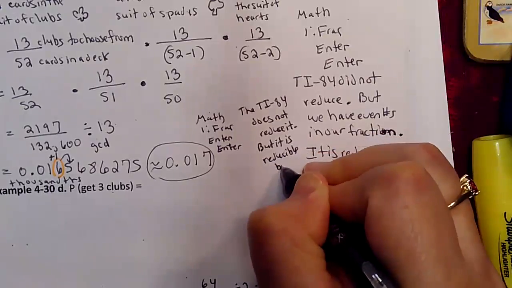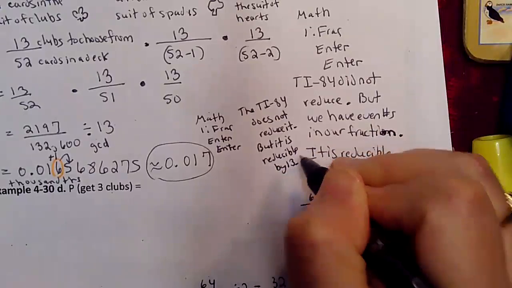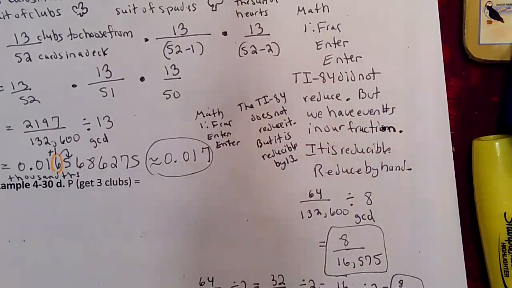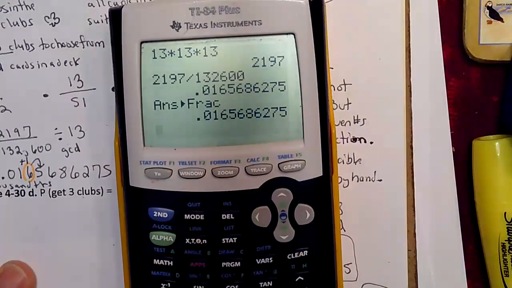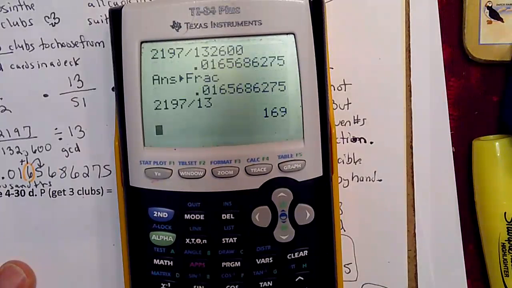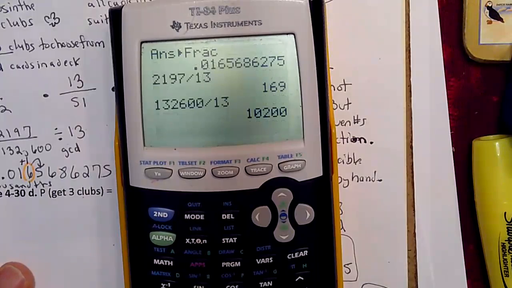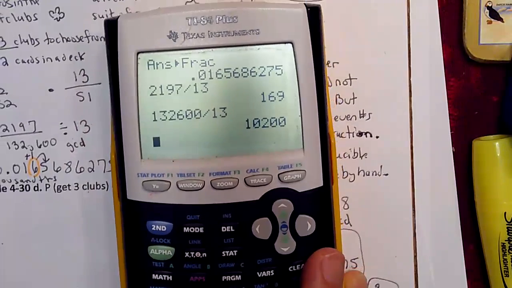And it's reducible by 13. So I had to play with a list of prime numbers to find that. So let me show you. 2197 divided by 13 is 169, and 132,600 divided by 13, believe it or not, reduces to 10,200.